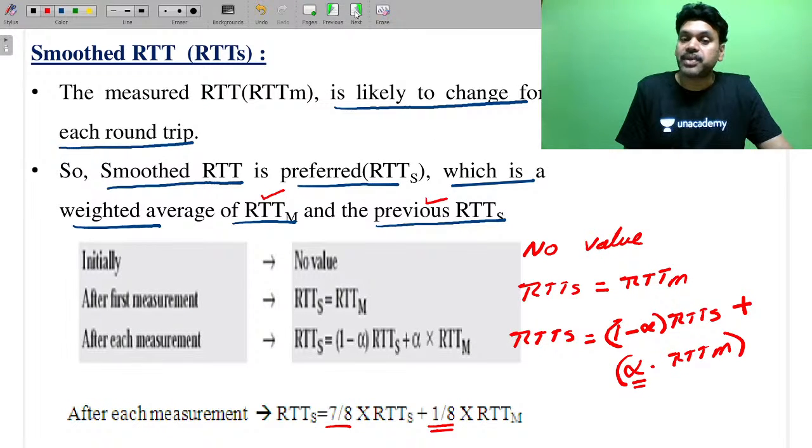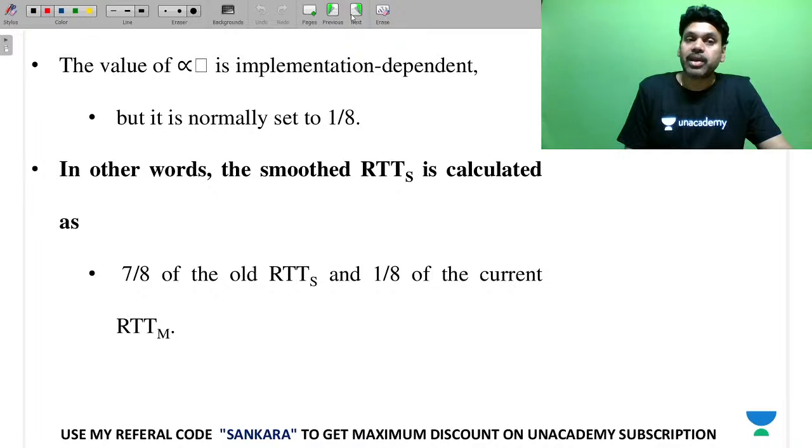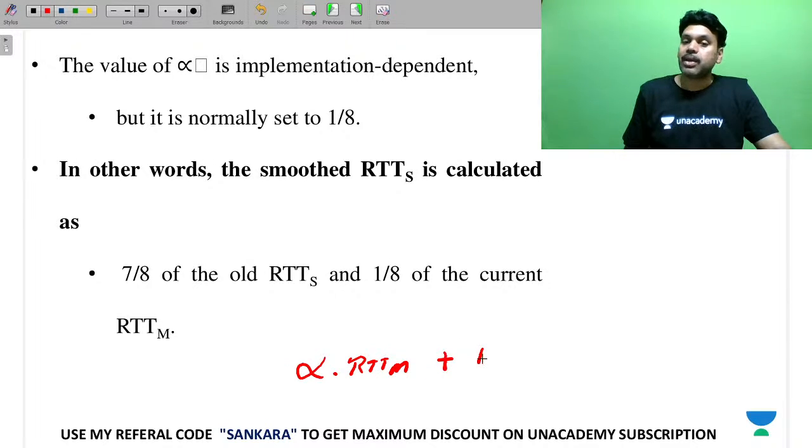So according to that, what is the smoothed RTT value? The smoothed RTT is alpha times measured RTT plus (1 minus alpha) times your smoothed RTT, which is the weighted RTT.